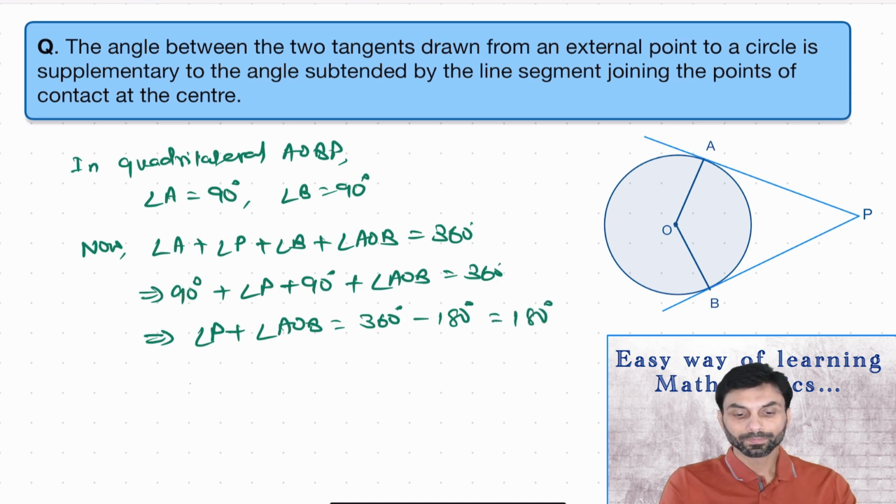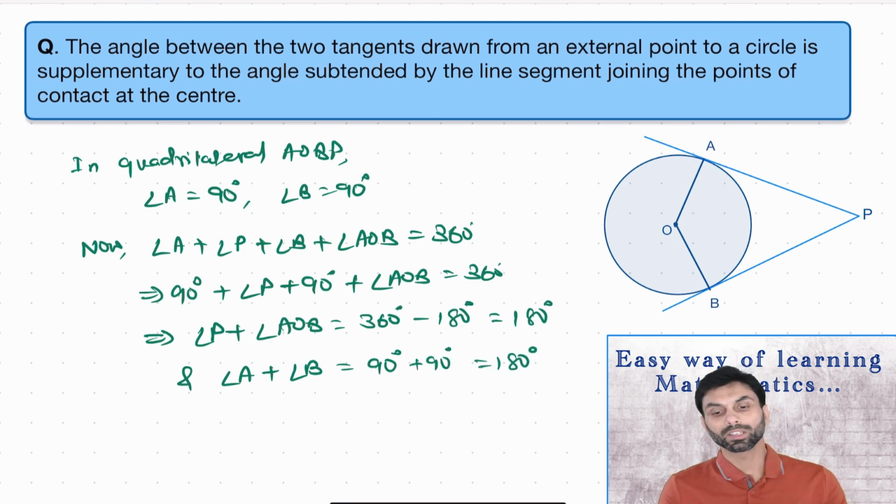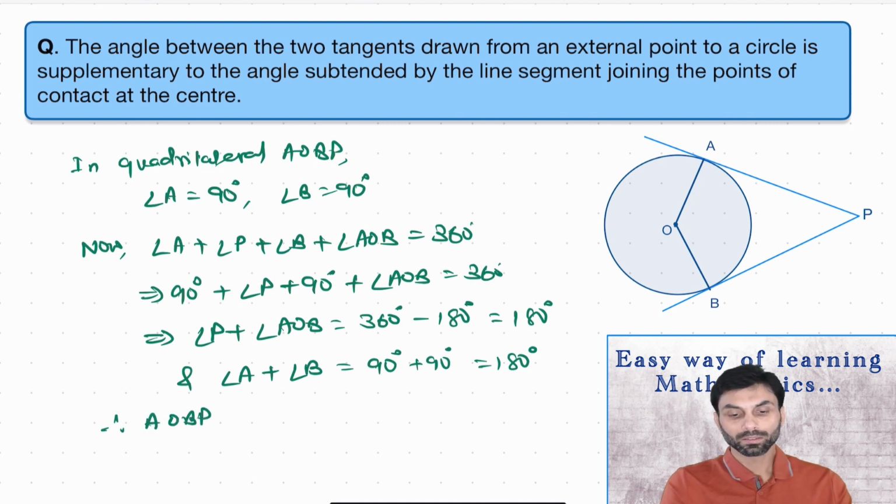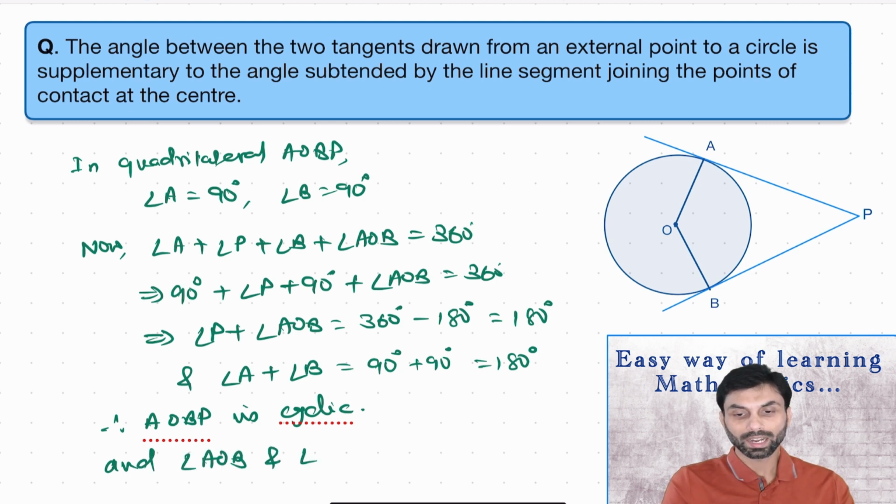And we will also get angle A plus angle B equals 90 degree plus 90 degree, which is 180 degree. So what we observe here is this quadrilateral is a cyclic quadrilateral. Therefore, we can say that AOBP is cyclic. And here we can say angle AOB and angle APB are supplementary.